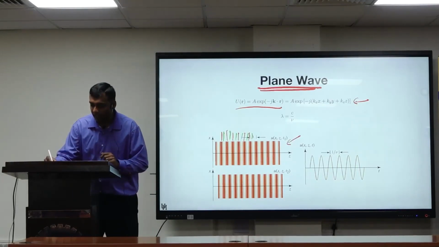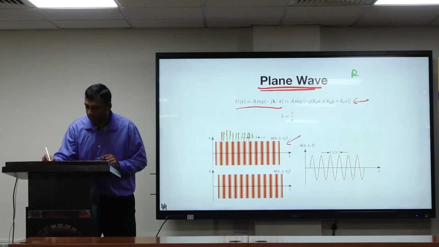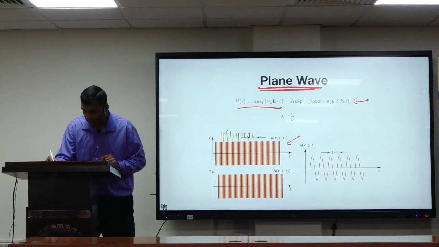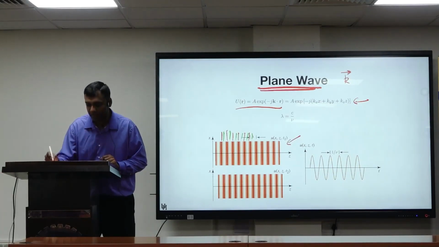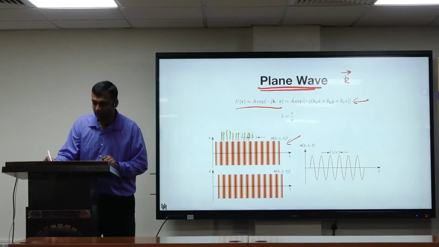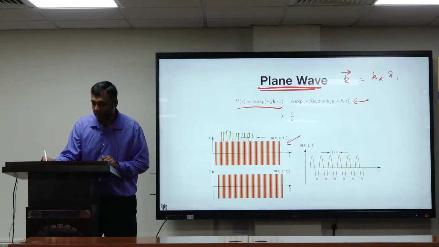So K, let me write it with a different color, is a vector. This K in bold is a vector, which is Kx x hat plus Ky y hat plus Kz z hat.